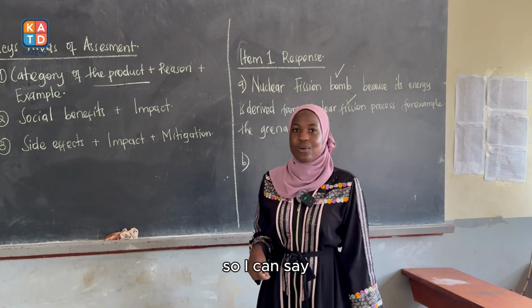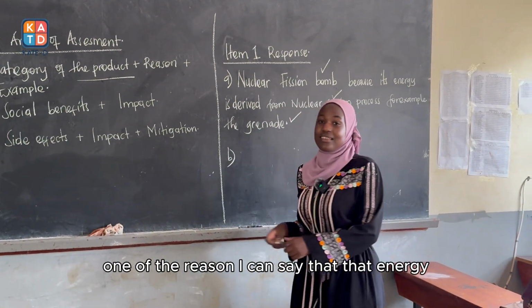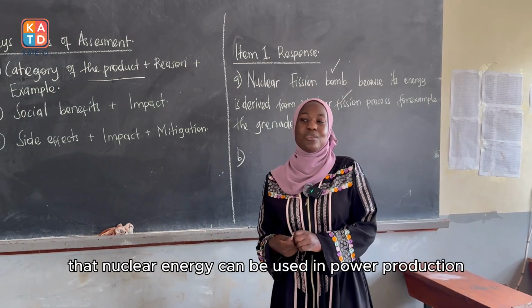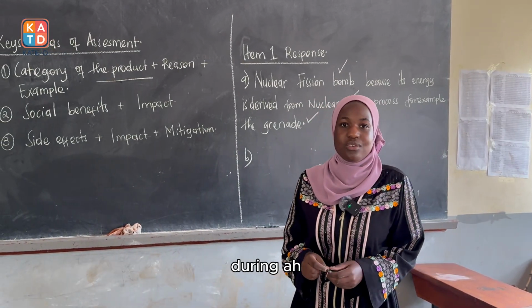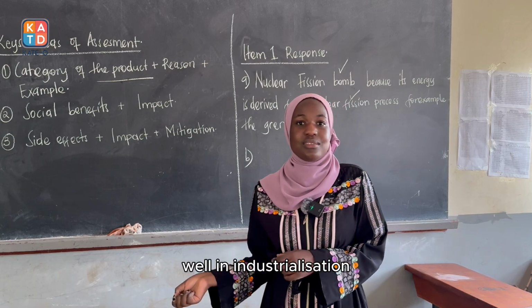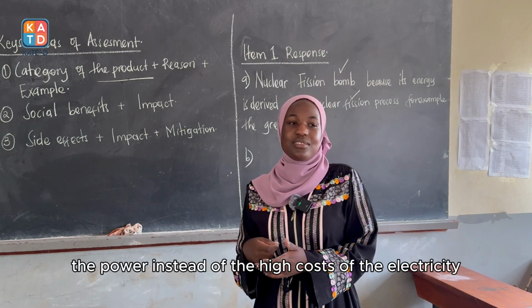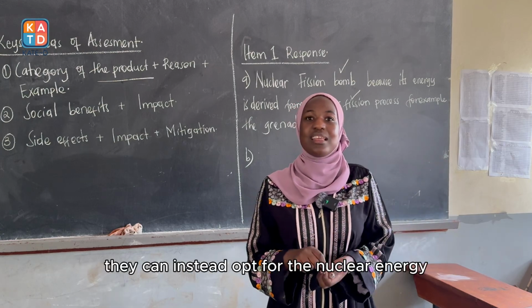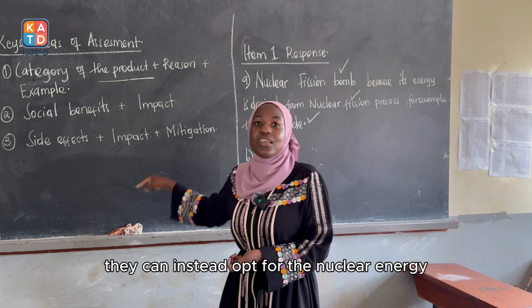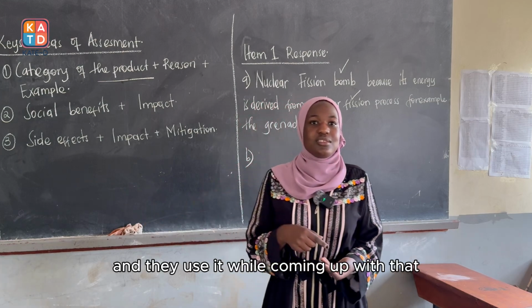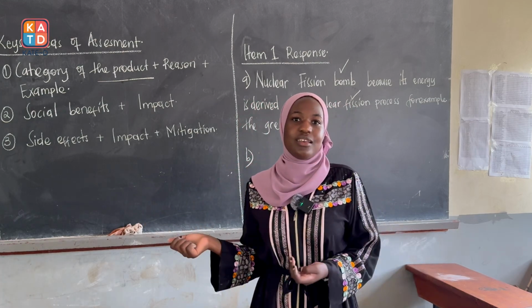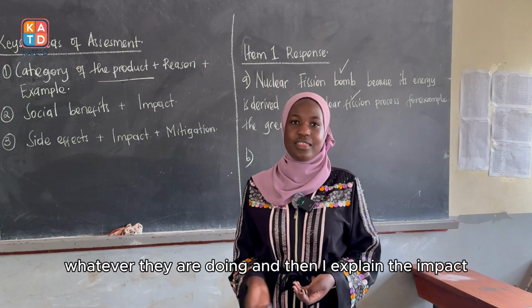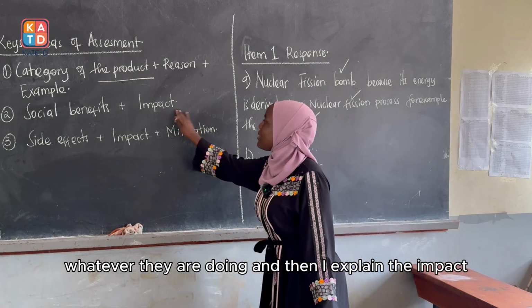So I can say one of the reasons is that nuclear energy can be used in power production while in industrialization. Instead of the high costs of the electricity that they are using in industries, they can opt for nuclear energy, and they use it while coming up with the processes, whatever they are doing. And then I explain the impact.